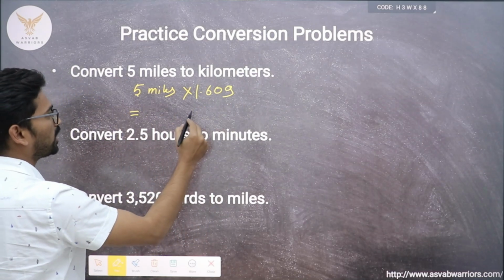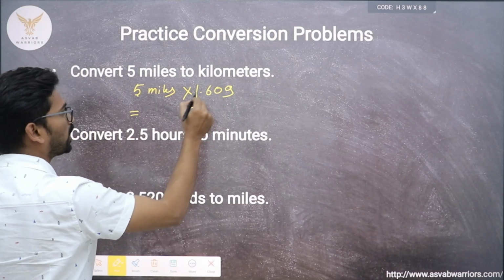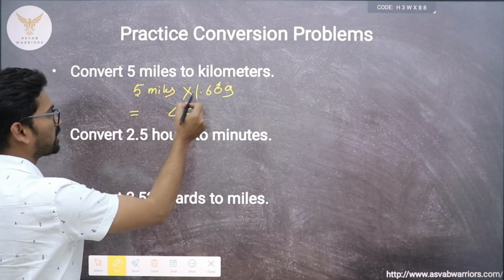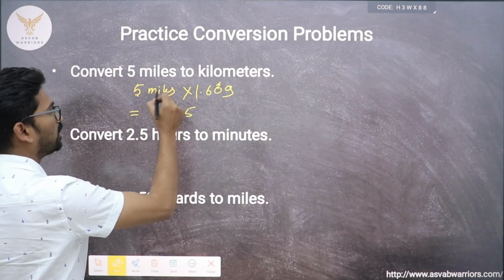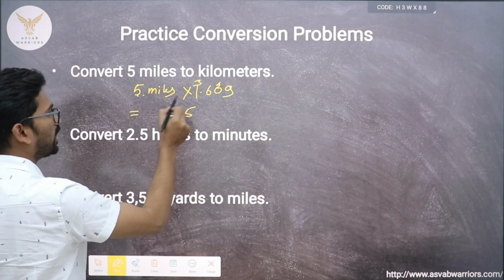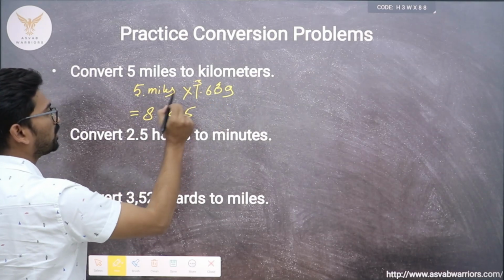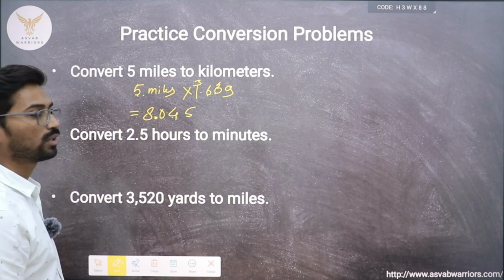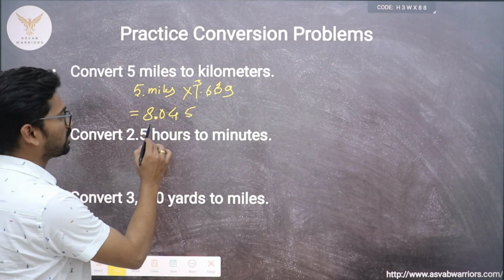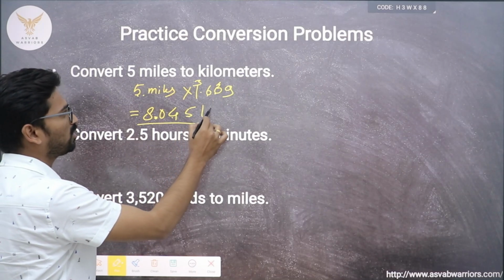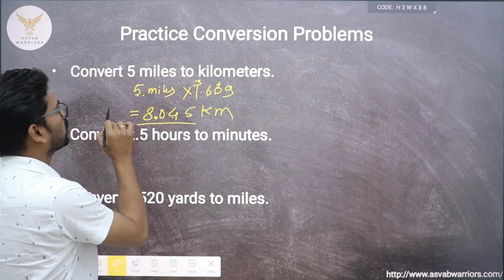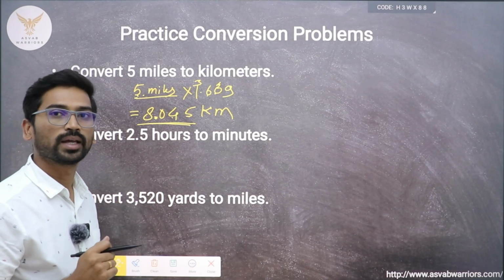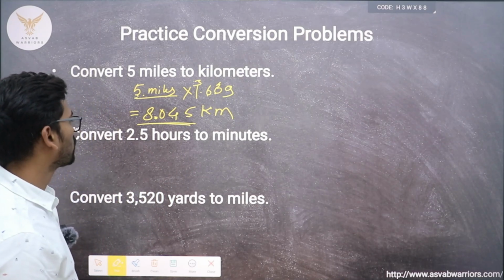So 5 times 9 is 45, carry 4, 4 as it is, 5 6s are 30, carry 3, 5 ones are 5 plus 3 is 8, and decimal point after 3 digits from right hand side. So it will come somewhere here, and our answer will be 8.045 kilometers. So 5 miles is equivalent to 8.045 kilometers.